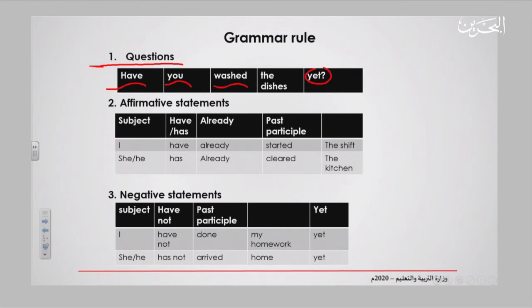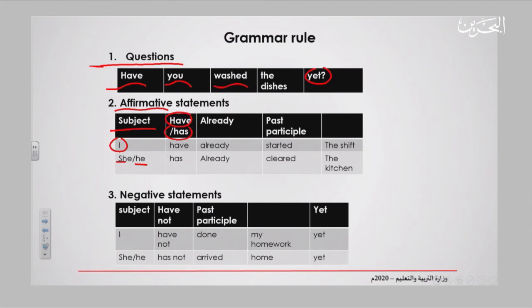Now let's move to the second form of the grammar rule, which is the affirmative statements. Affirmative means when I answer with yes. Now, we start, of course, with the subject. It could be I, she, he, or any other name. Then it will be followed by either have or has. When do I decide if it's have or has, my dear students?